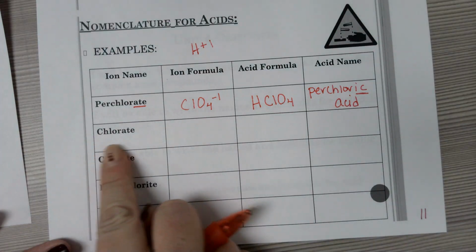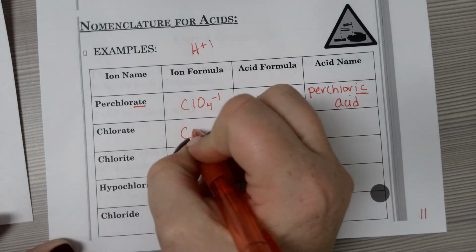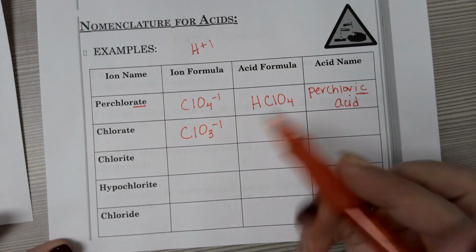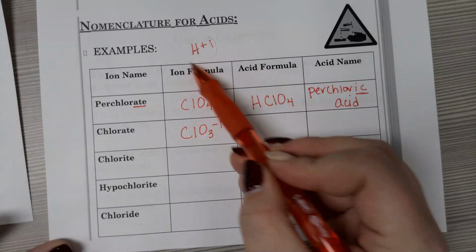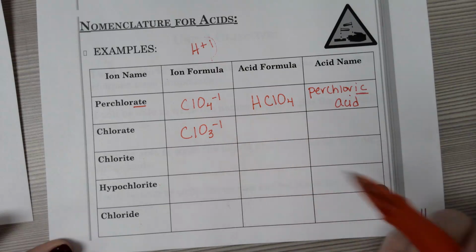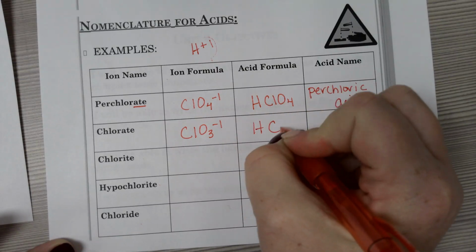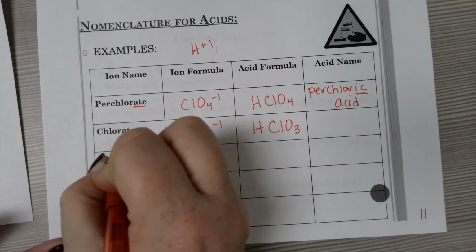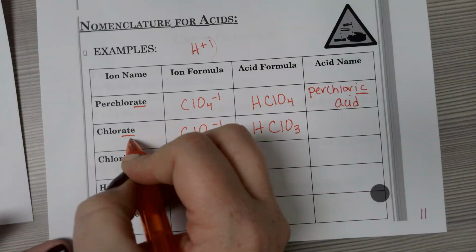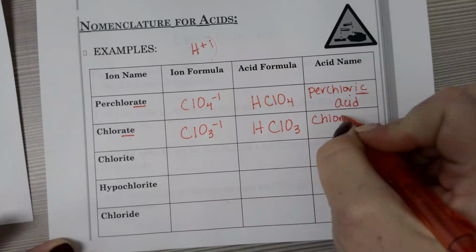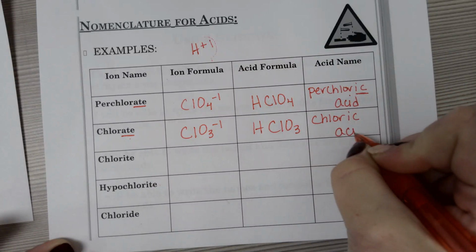Okay, next one we have is chlorate, ClO3 minus 1. Again, this is an acid, so we're going to add hydrogen out in front. Hydrogen's +1. Chlorate is -1, so one of each, HClO3. We have an ATE ending again, same thing, so we're going to change it to IC. So chloric acid.